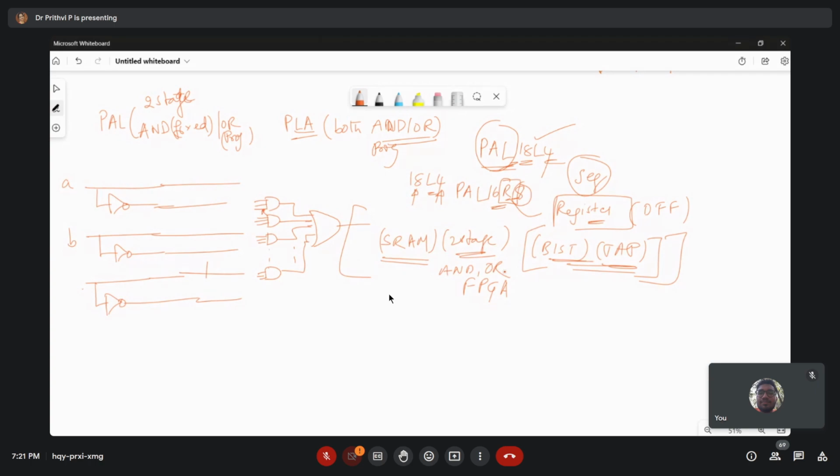These FPGAs will be used as glue logic. Glue logic means it will be connecting more segments. Say, in my design, I have huge complex segments, and now I want to test them. I can use an FPGA which can connect one circuit to the other circuits. So an FPGA can be used as glue logic. And these PLDs will be used as prototypes, and they can be directly incorporated into your final design.